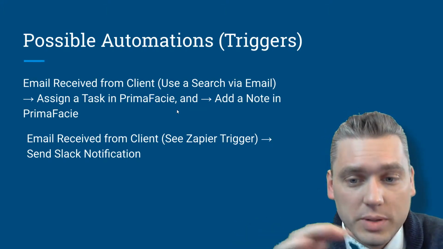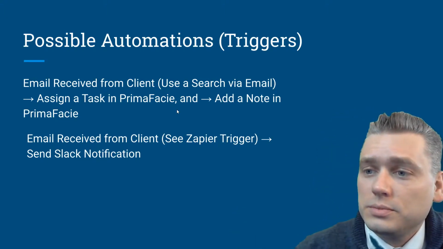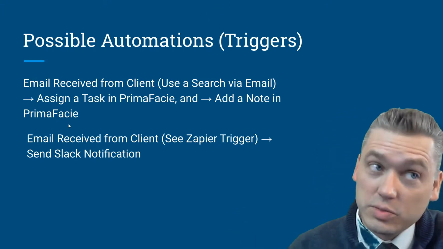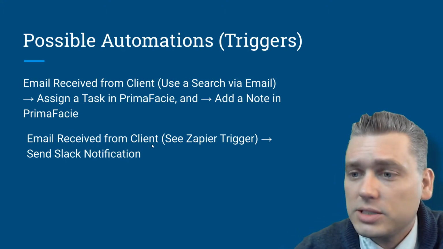So automatically it shows up in their to-do list, hey, call this person back and give them this information. It's one less thing your receptionist would have to do then.